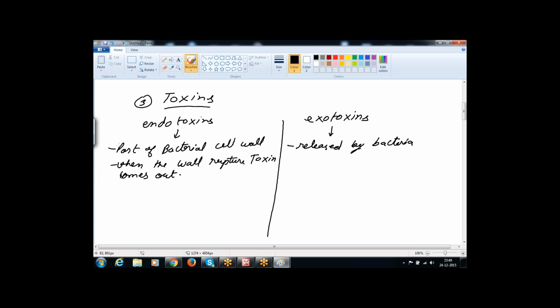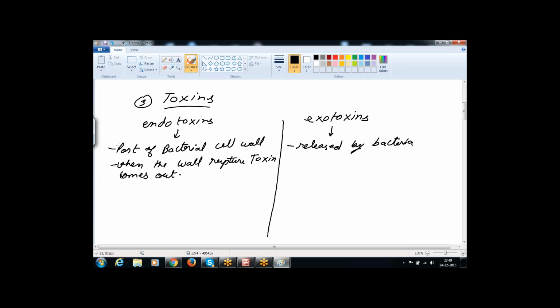As the bacteria die, the wall will rupture, so something comes out of that wall which happens to be toxic to the host. So bacteria never intended to release it. Bacteria didn't even know that they had a toxin. It's just that some component of the bacterial cell wall is proving to be toxic for us.